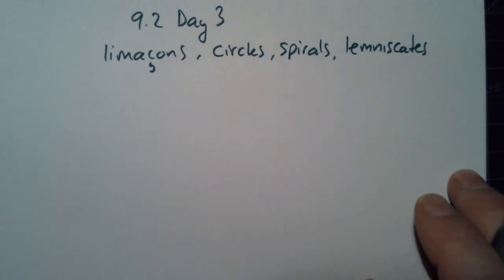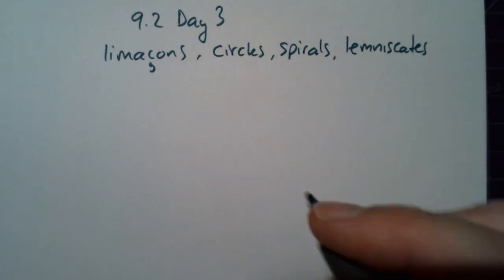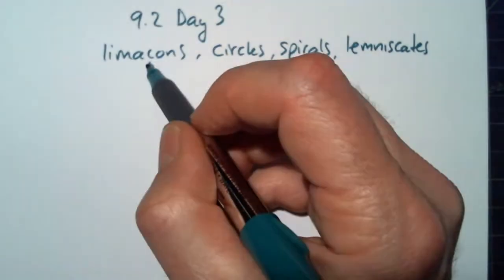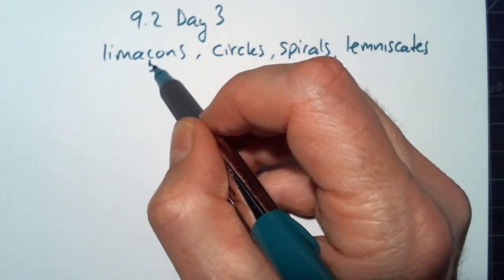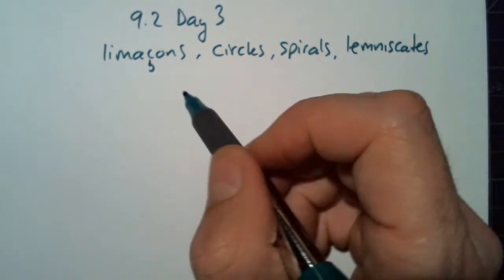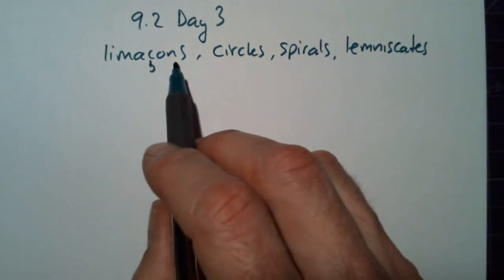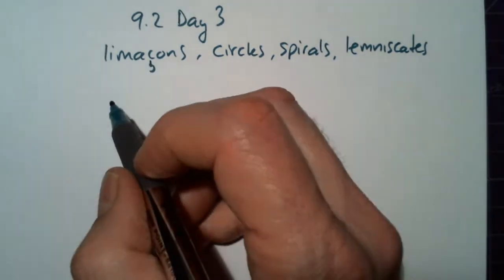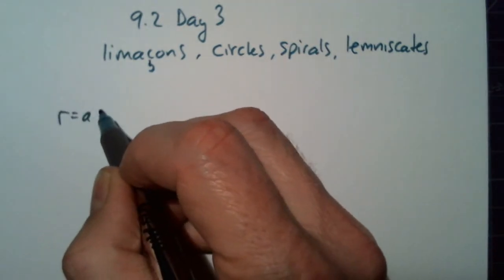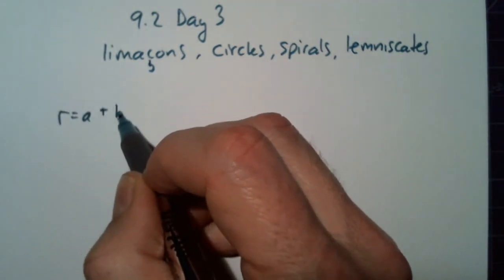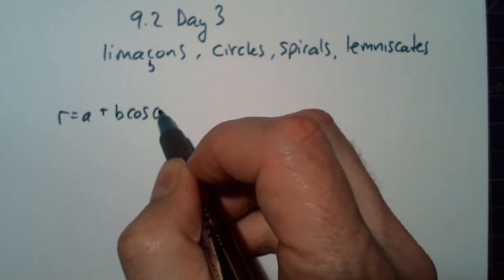Alright, in this lesson we'll have more shortcuts for sketching these graphs. And this is an accent, like an upside down question mark. It makes the C sound like an S, and this is called a limacon. A limacon could look like this.